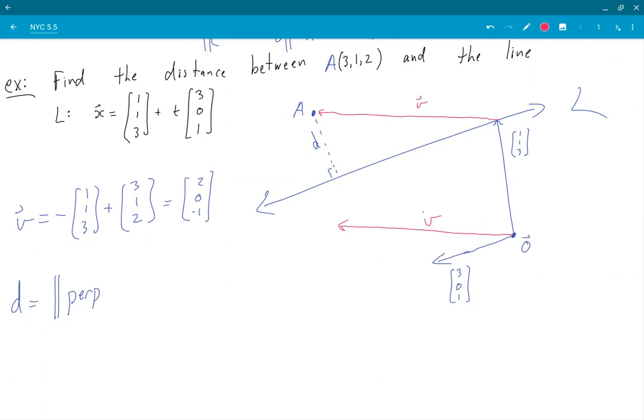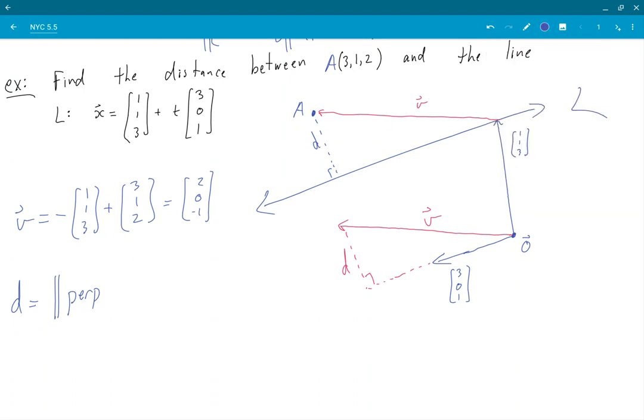So V. This is also D down here. So I want to look at this triangle and find the perp, which is going to give me D over here.